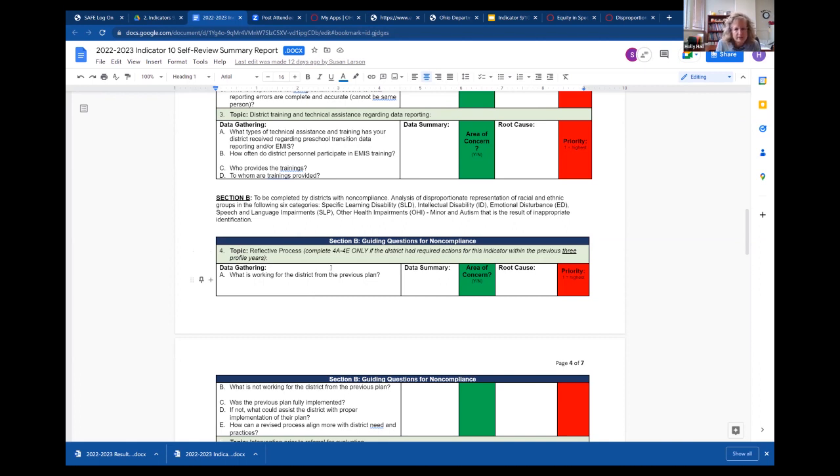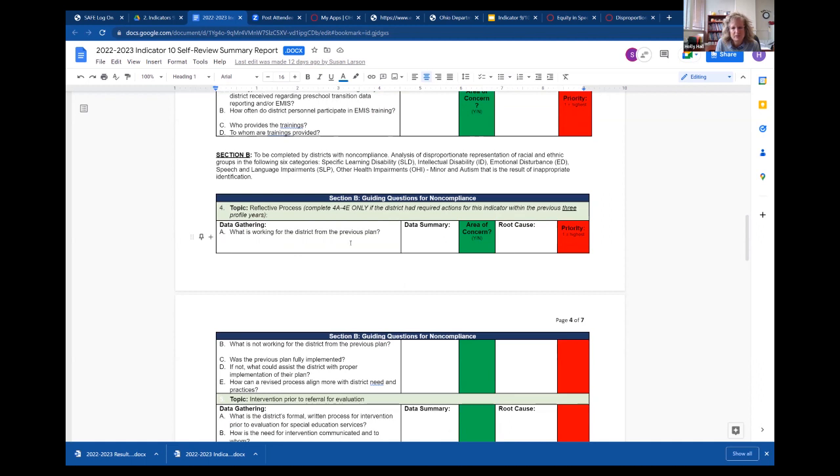Recognizing that the information gathered could be very similar when you think about some of the processes involved, you have a place to record your responses, and then an area to reflect the summary of data.